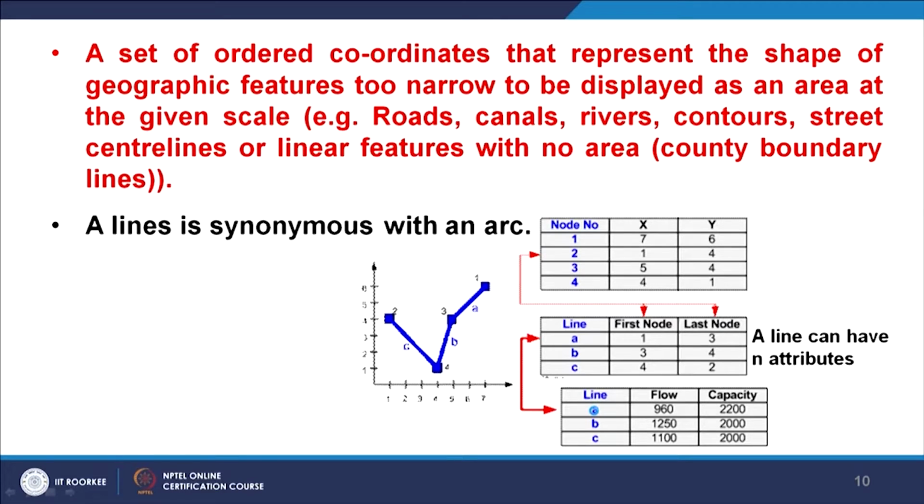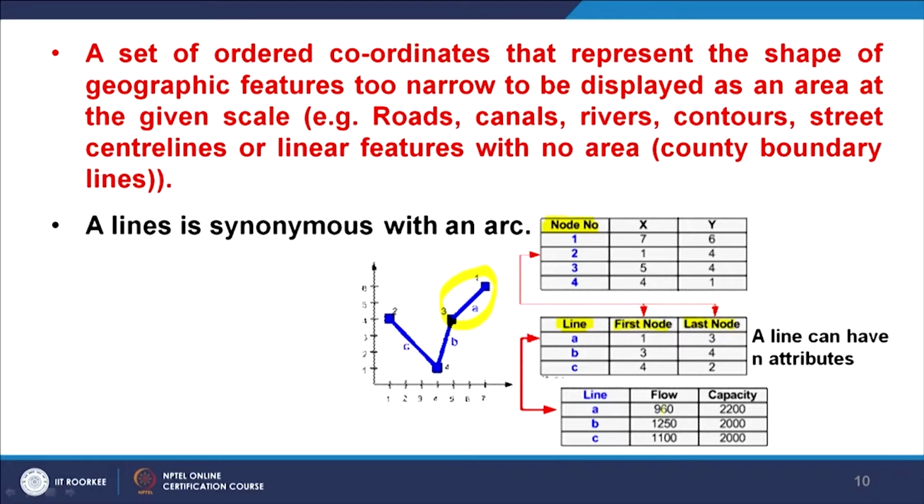Instead of 0 dimension, now we have 1 dimension, so much more information is required to be stored. We will have a node table where all x and y values are stored. We will have another line table where the first node and last node are stored. So if I take segment 1, that is the straight line between 1 and 3, then the first node is 1 and the last node is 3.